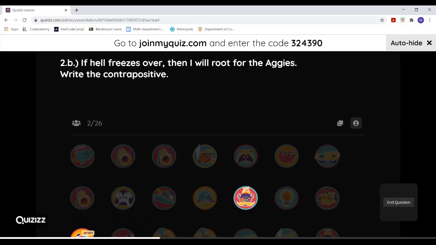There's the other side of the coin, maybe, the way to describe it. If hell freezes over, then I will root for the Aggies. There's another side to the same coin that's saying the same thing in another way, if that makes sense.